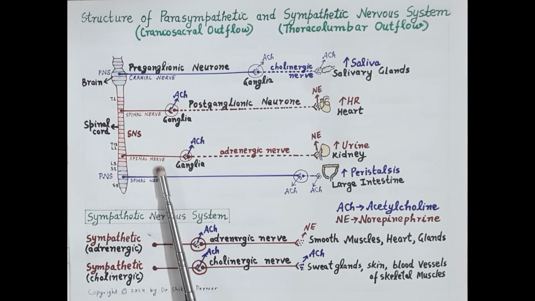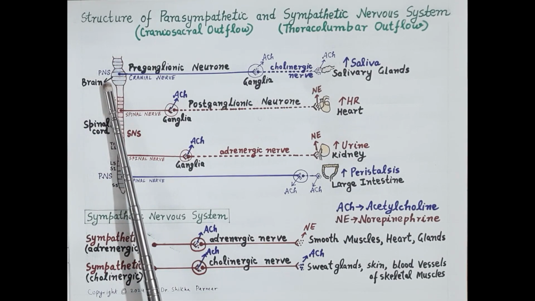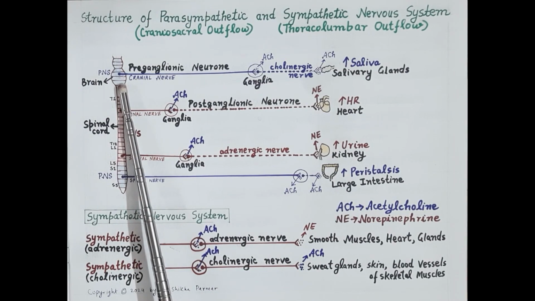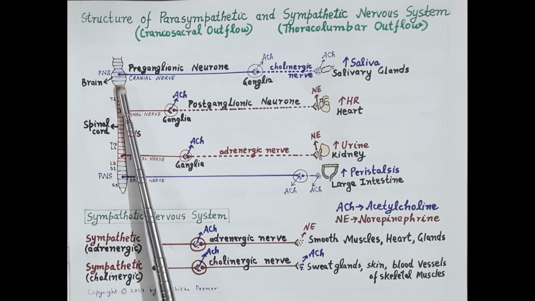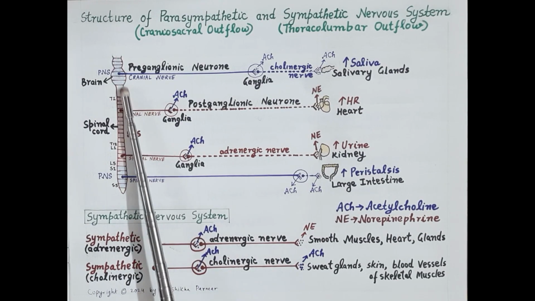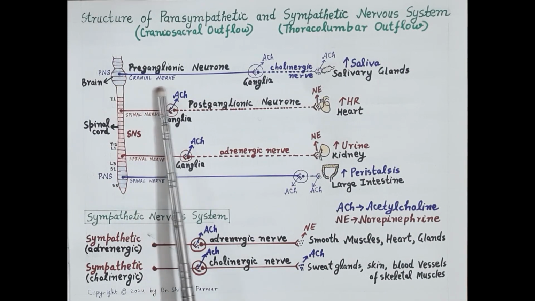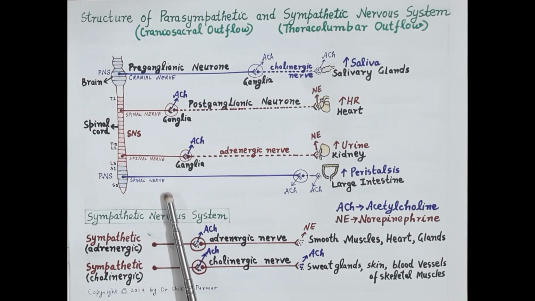On the other hand, the blue color represents the parasympathetic nervous system. The preganglionic neurons of the parasympathetic nervous system originate either from the brain or from the sacral region of the spinal cord. And thus the parasympathetic is also known by an alternate name, the craniosacral outflow. These cell bodies originating from the cranial region, the brain region, are known as the cranial nerves, and those originating from the spinal cord are known as the spinal nerves.